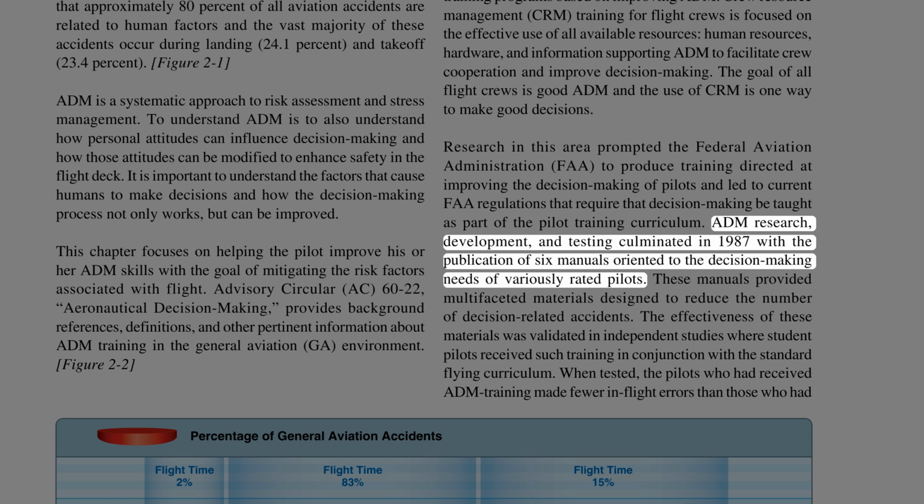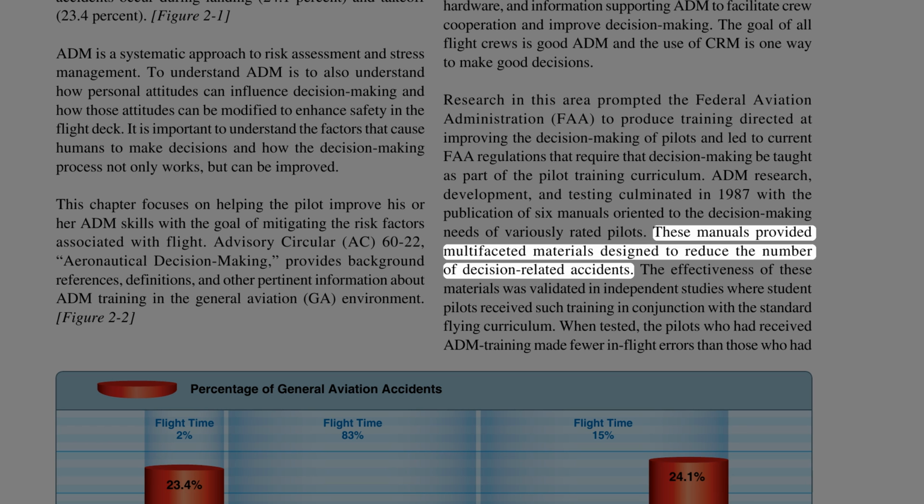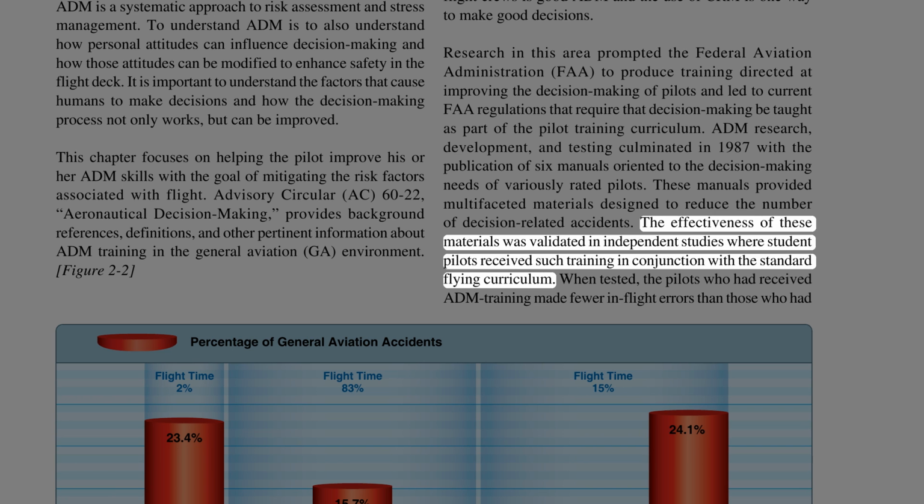ADM research, development, and testing culminated in 1987 with the publication of 6 manuals oriented to the decision-making needs of variously rated pilots. These manuals provided multifaceted materials designed to reduce the number of decision-related accidents. The effectiveness of these materials was validated in independent studies, where student pilots received such training in conjunction with the standard flying curriculum.